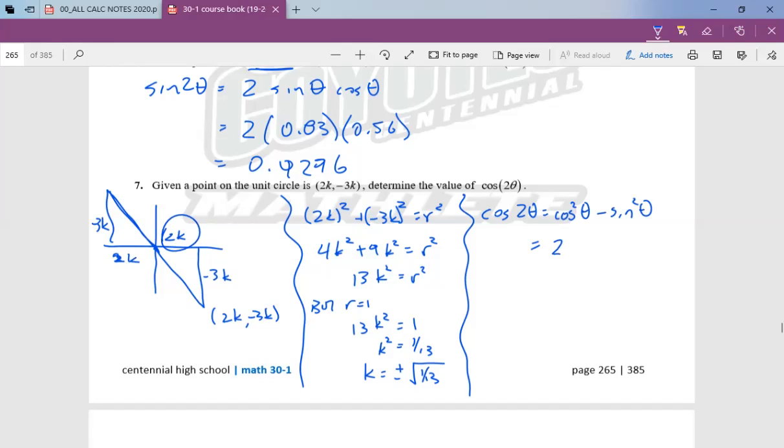So we've got 2k squared minus negative 3k. Our y values are sine, and when we square it, it looks like this. So this ends up being 4k squared minus 9k squared, which is equal to negative 5k squared.